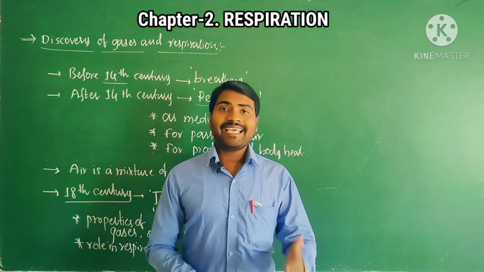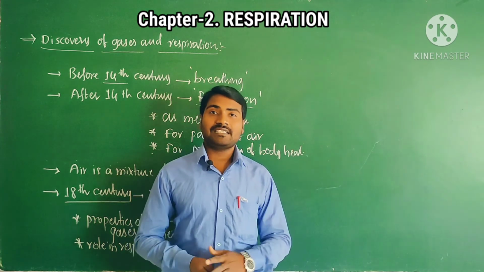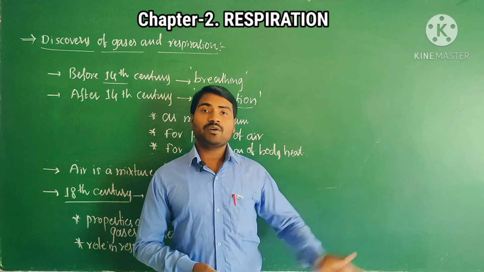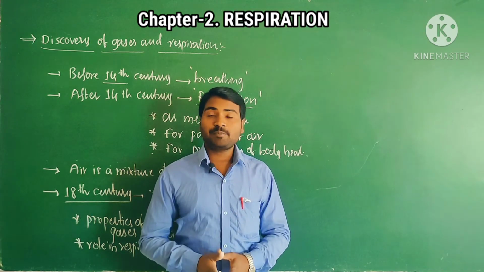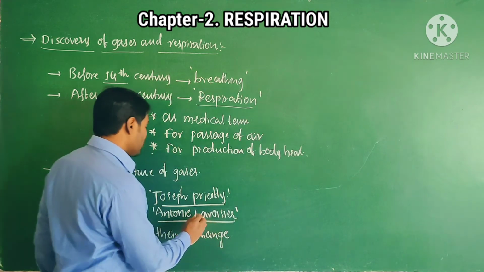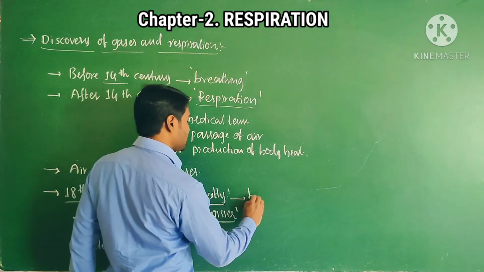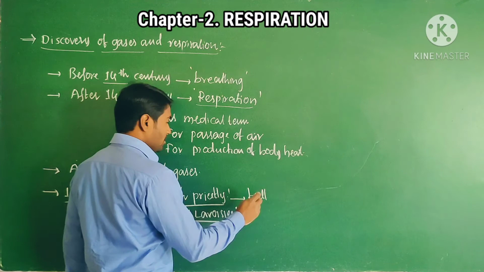One of the experiments we have completed in the first lesson. You can go through the videos of the first lesson and learn the Belcher experiment, which was conducted by Joseph Priestley.